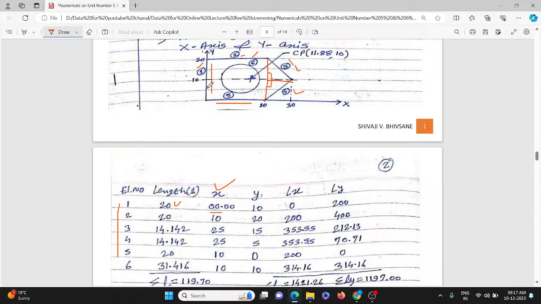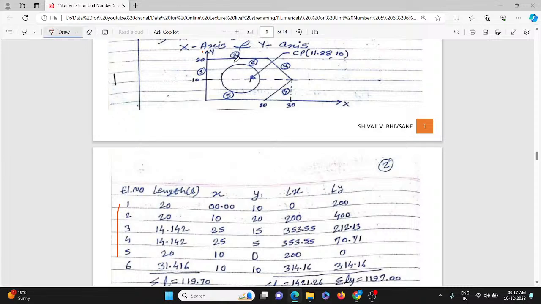It is the centroid of the line perimeter, not the centroid of the area, but the centroid of the line perimeter. Okay, so as far as element number 1 is concerned, it is lying on the y-axis. So what is x? Here x is equal to 0.